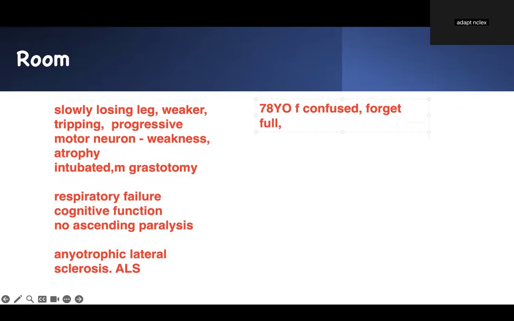She does not recall the name of her grandchildren, does not remember them, and is slightly agitated. What do you think? You remember, you said, oh, memory loss, confusion, impaired judgment. This patient has Alzheimer's disease.